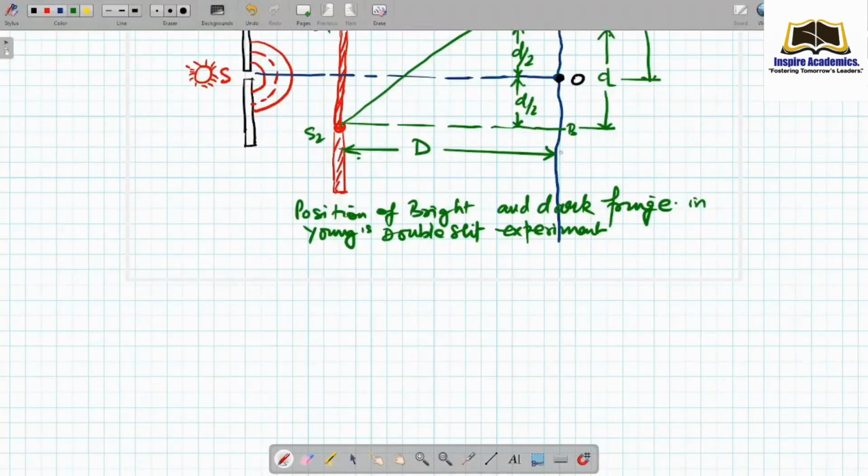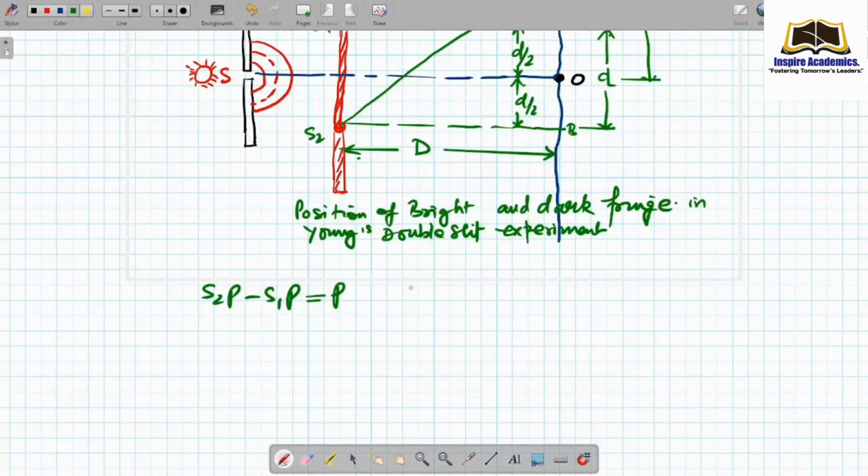Now if you see S2P minus S1P, okay, first of all let us understand what is path difference. Basically there are two paths, one is S2P and the other one is S1P. So S2P minus S1P, let me call it simply the path difference.